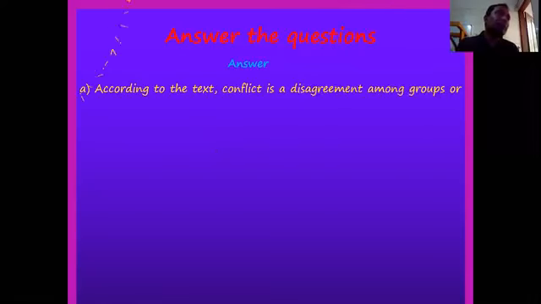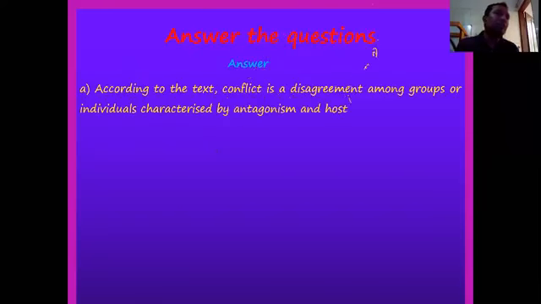According to the text, conflict is a disagreement among groups or individuals characterized by antagonism and hostility. We can find this information most probably in the first line of our first paragraph.